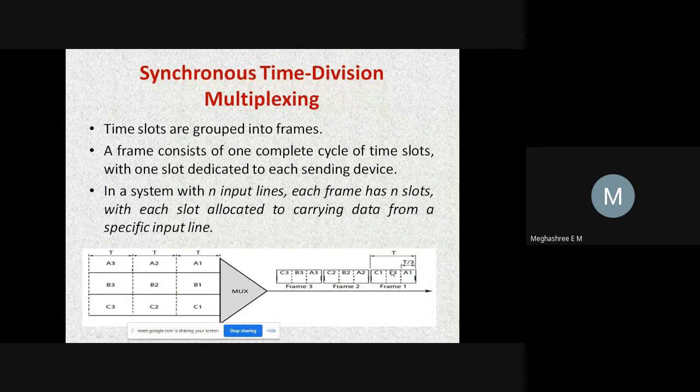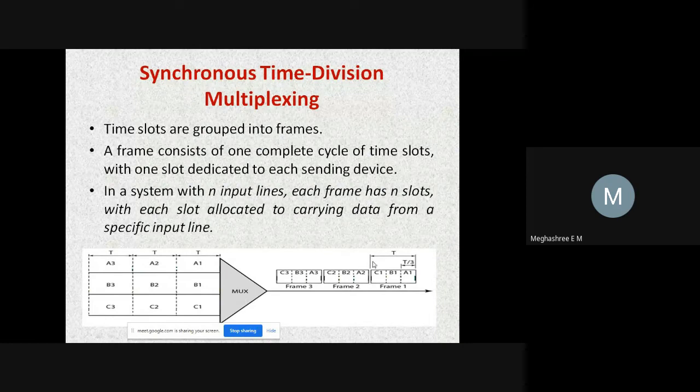Now after this, you can see here the time slots. These time slots are grouped into frames. One frame consists of one complete cycle of time slots. That is, see here three inputs are there, right?